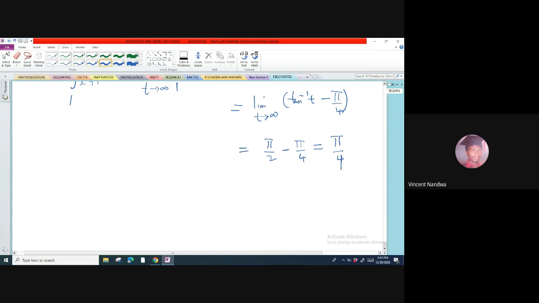So thus the integral from 1 to infinity is a convergent integral.